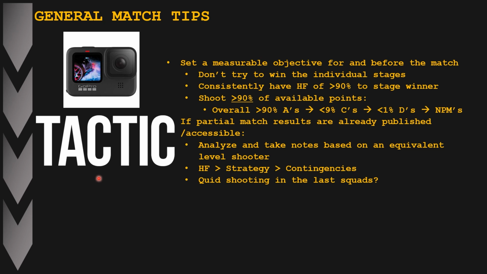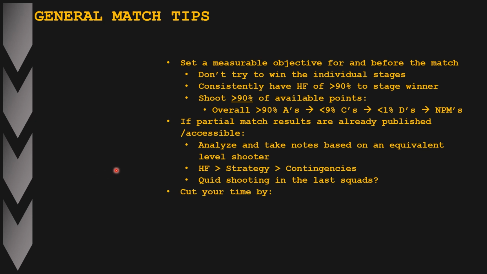So that's a strategy that you could use: strategically always register yourself for one of the last squads, because then more data is available which can help you in your stage planning.